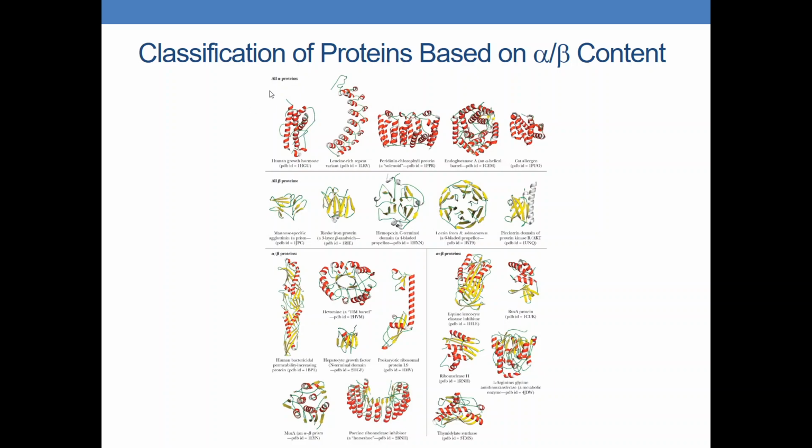Now, it becomes a little bit more hairy when you have proteins that have both alpha and beta secondary structures. So there is a distinct question that has to be asked. When we look at a structure of a protein, are the alpha and beta secondary structures integrated together, or are they separate in their existence?